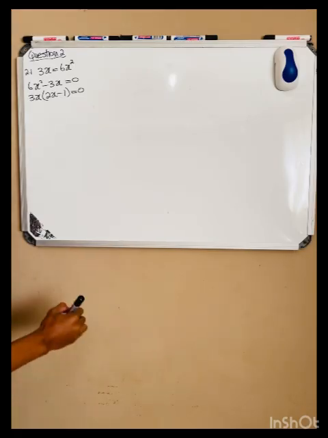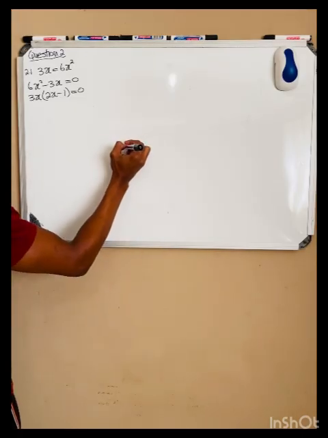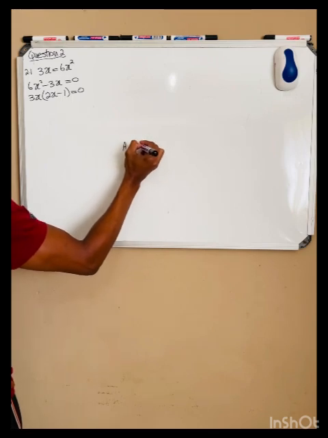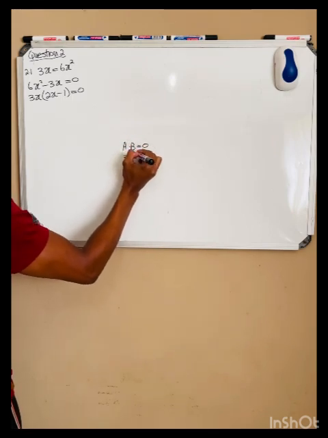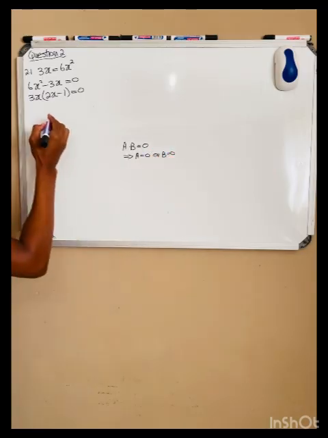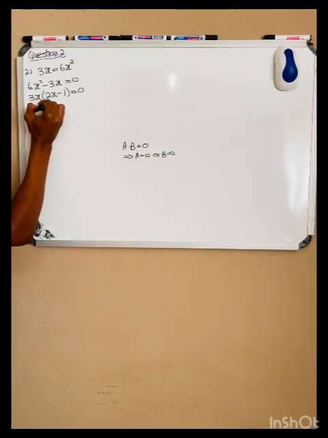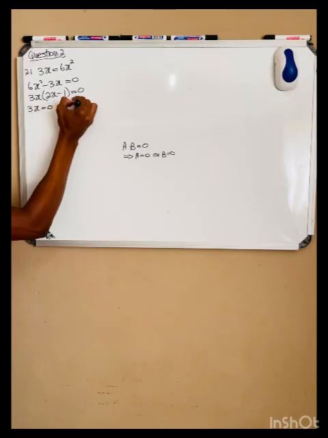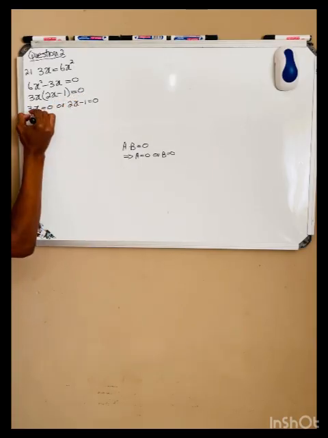Then here you apply the what? The zero product law. A multiplied by B equals to 0. This implies that A equals to 0 or B equals to 0. I'm going to apply that. So 3x equals to 0 or 2x minus 1 equals to 0. Then divide by 3 here.